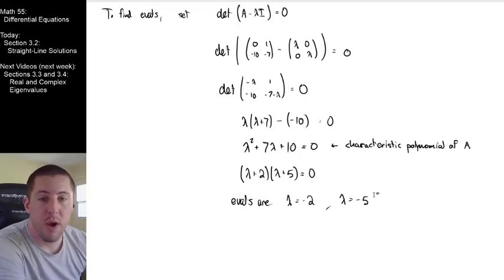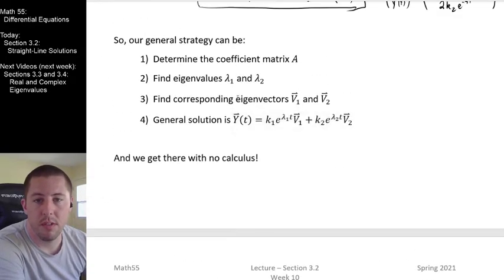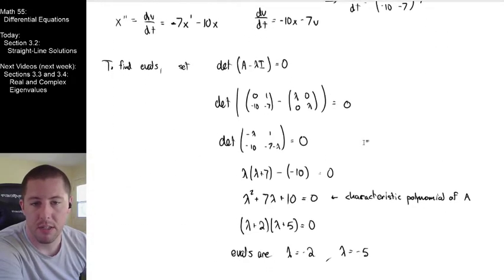So now that we've got our two eigenvalues, we would like to use those. Coming back up to our instruction set here, let's use the eigenvalues and the definition of the eigenvector relationship to find the associated eigenvectors.